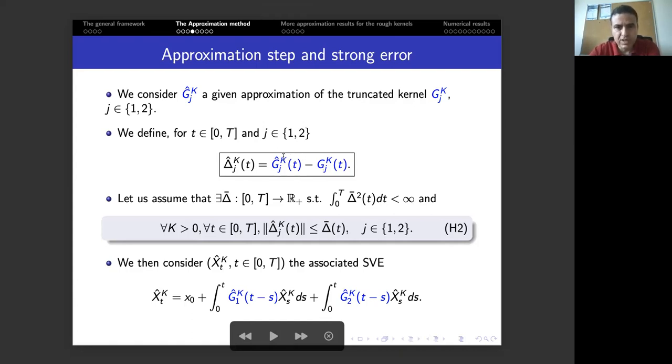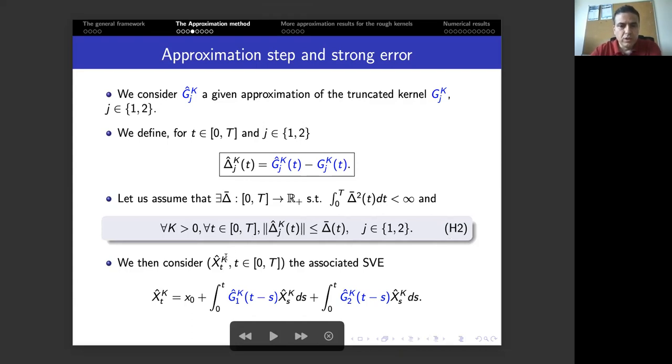And we assume that there exists some delta bar, whose second moment is integrable between 0 and t, such that this error, for both kernels, is upper bounded by this delta bar. We call this our assumption H2.